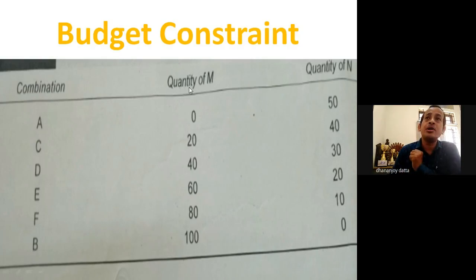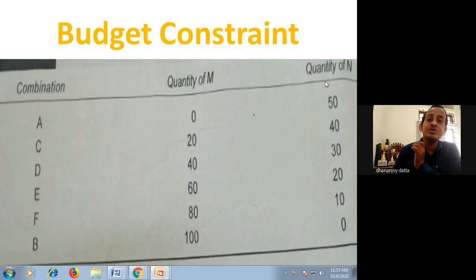Now we are assuming the price also. For example, the price of the M product is rupees 10 per unit, and the price of the N product is rupees 20 per unit.